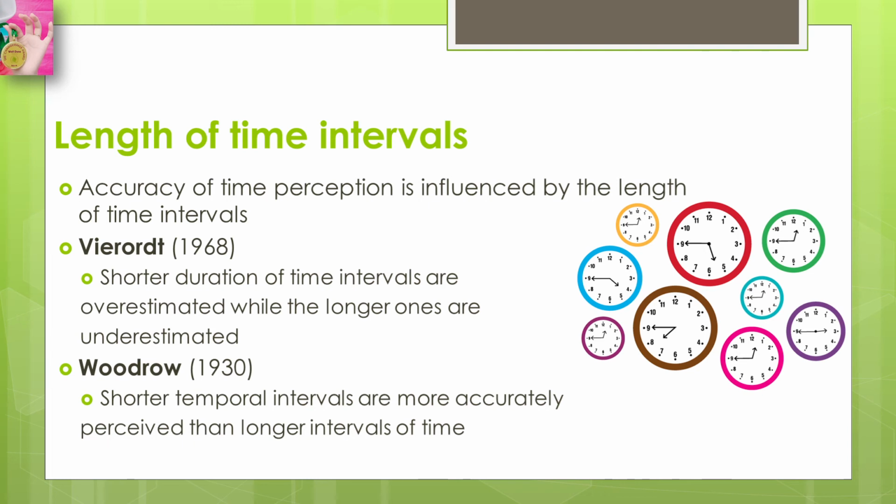Treisman in 1968 found in one study that shorter durations of time intervals are overestimated while the longer ones are underestimated, whereas Woodrow in 1930 concluded that shorter temporal intervals are more accurately perceived than longer intervals of time.